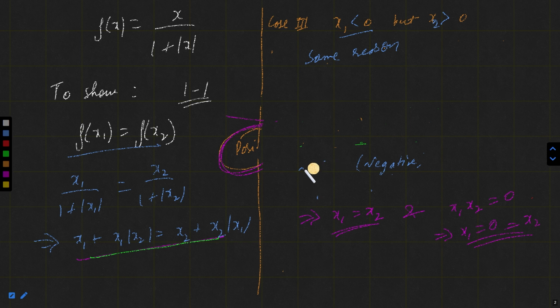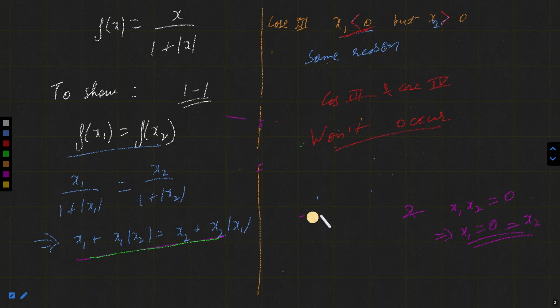As you can see, we took x1 to be strictly less than 0 and greater than 1, so case 3 and case 4 won't occur. This means only case 1 and case 2 will occur, which implies that x1 must be equal to x2 in such cases.